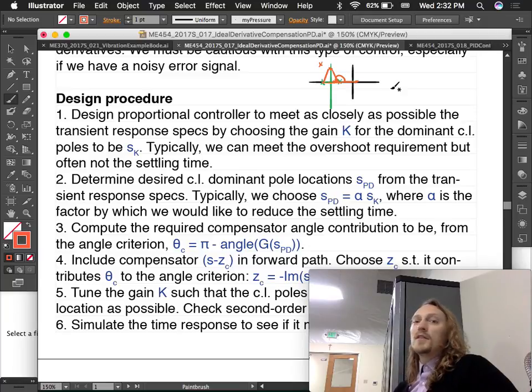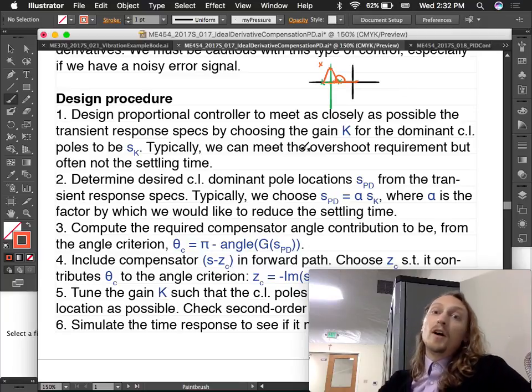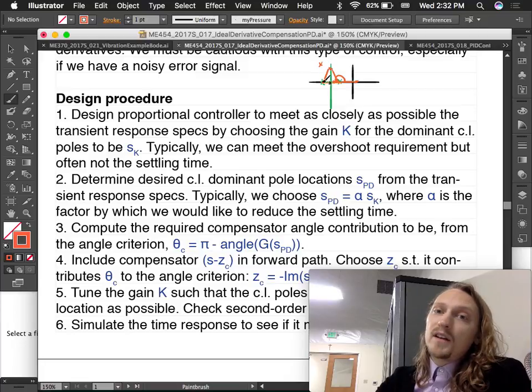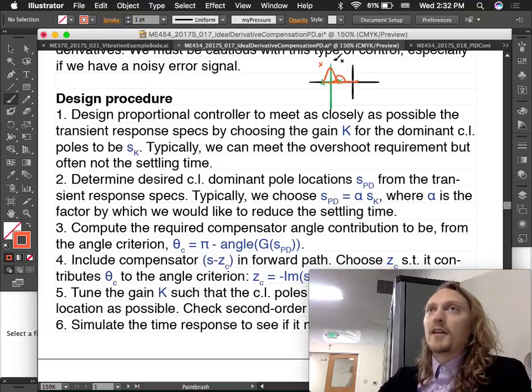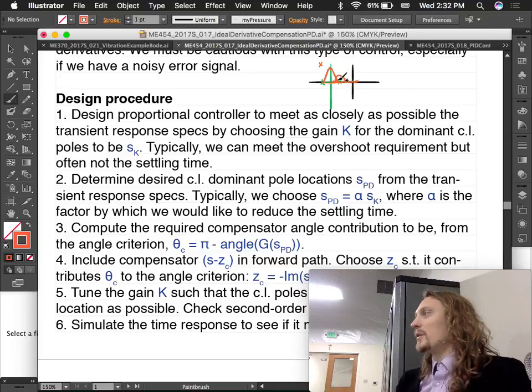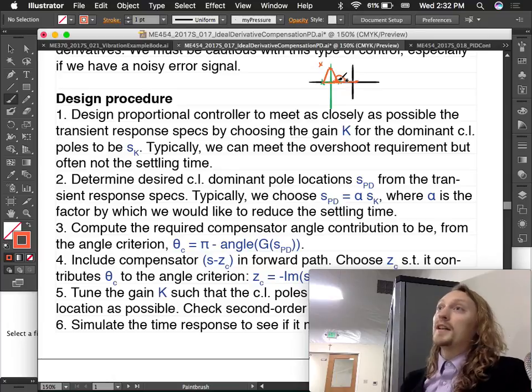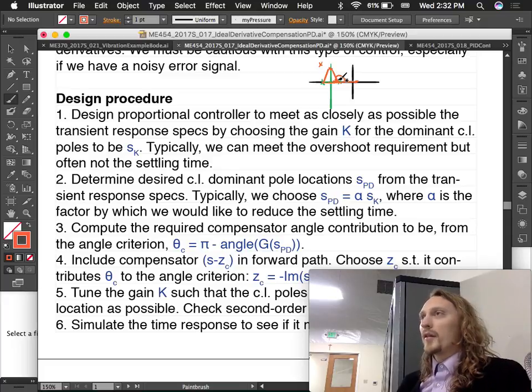And in order to do that, we know that at that point, the 0 has to be placed in such a way that it contributes the right amount of angle, right? And that's the way that we fix where that's going to be: we decide how much angle we need to contribute, and then we back out where that 0 should be located to contribute that amount of angle.